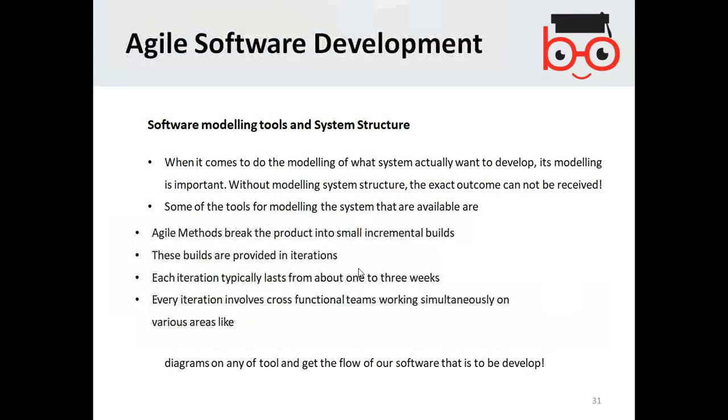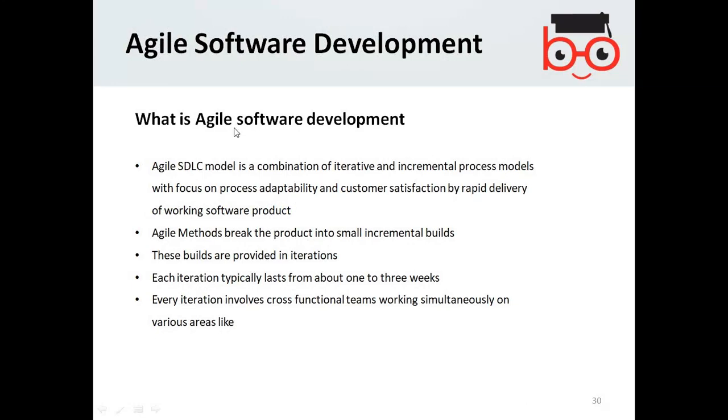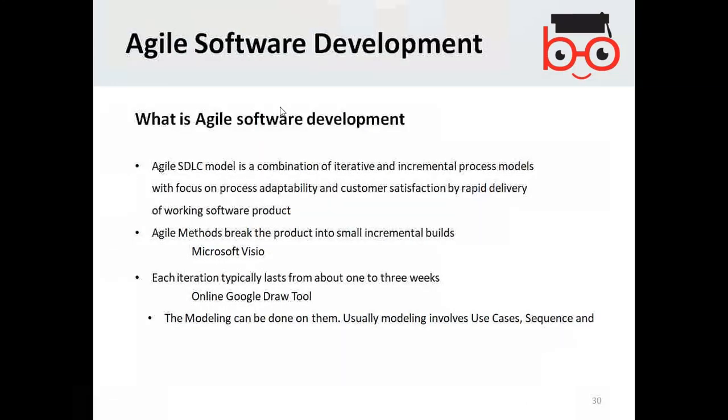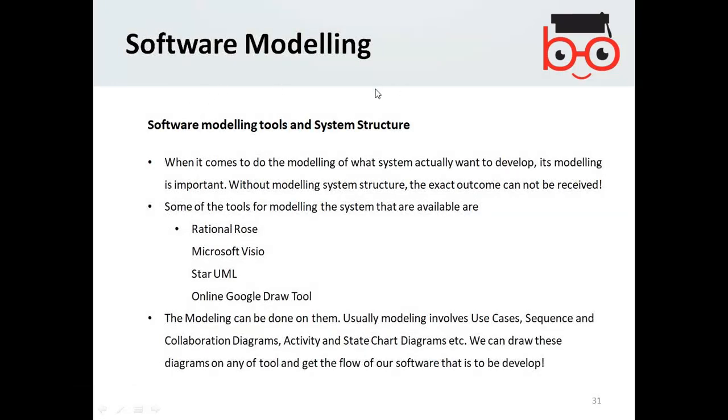So, tools for modeling. The next topic is modeling. Software modeling is basically representing the structure, the diagrams of your system model. When it comes to modeling what the system actually wants to develop, modeling is important.